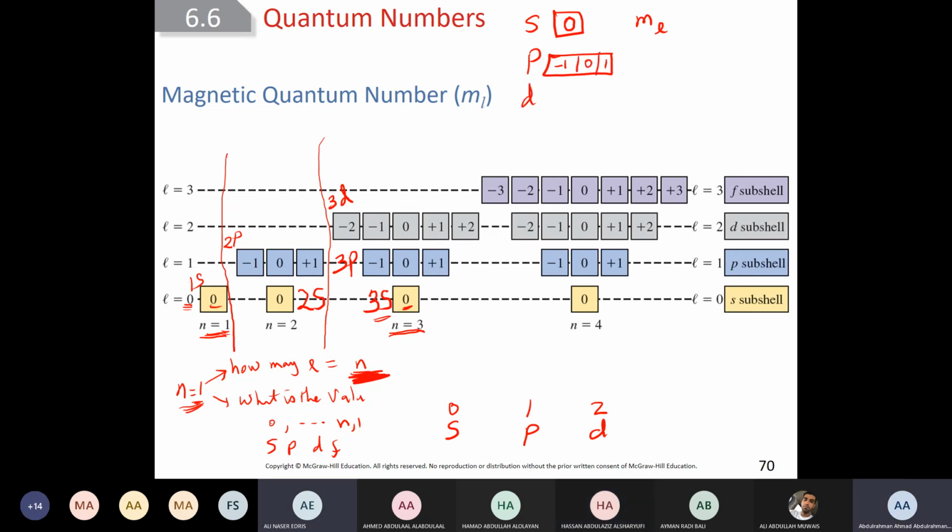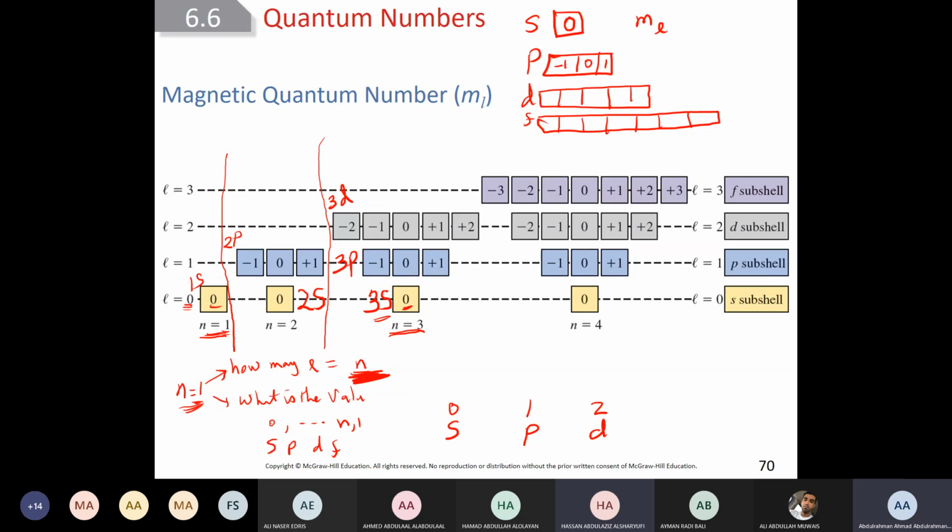Exactly. How about d? -2, -1, 0, 1, and 2. Exactly. How about f? -3, -2, -1, 0, 1, 2, and 3.